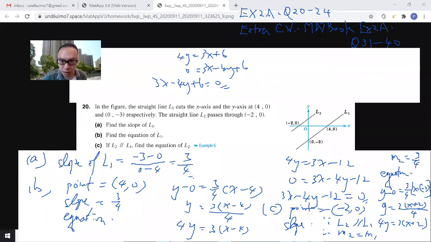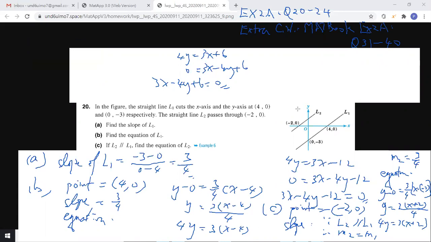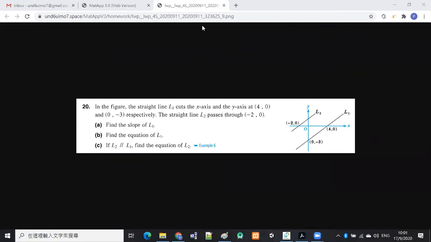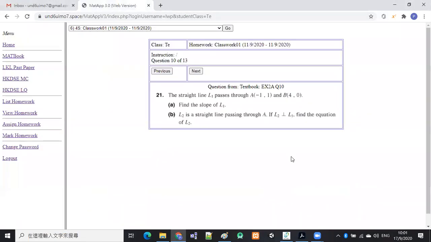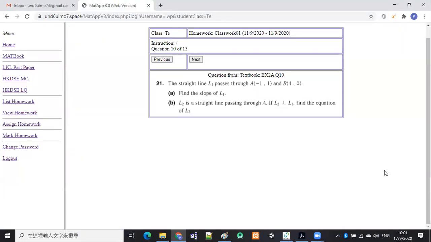I'm going to clear the board. And next one. Next question, number 21. The straight line L1 passes through point A and point B. Part A, find the slope of L1.